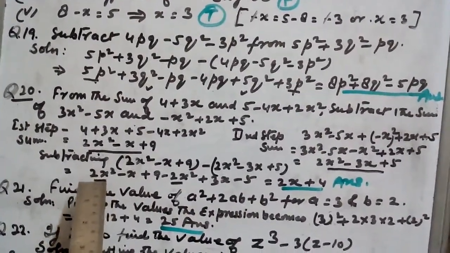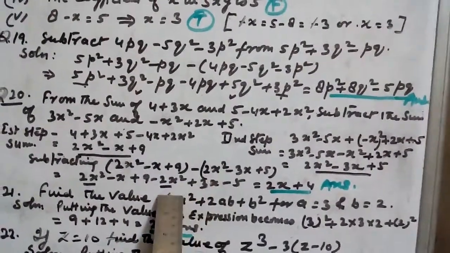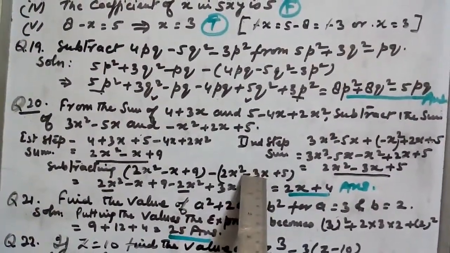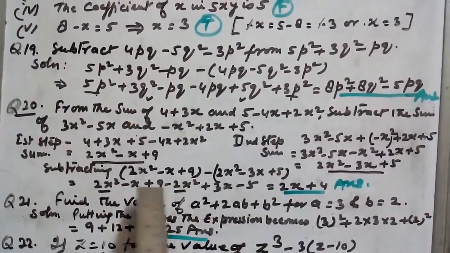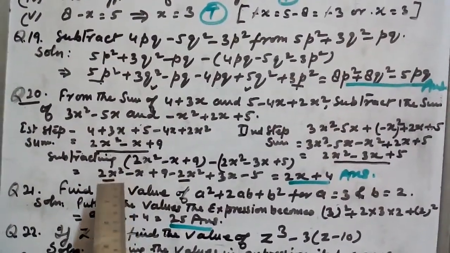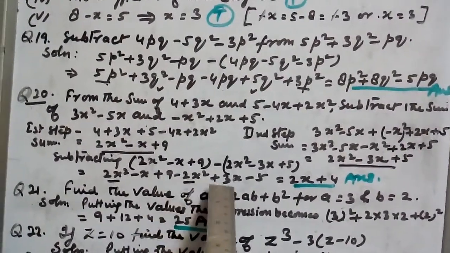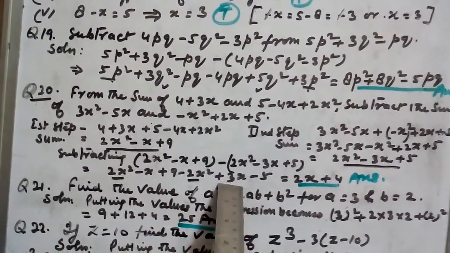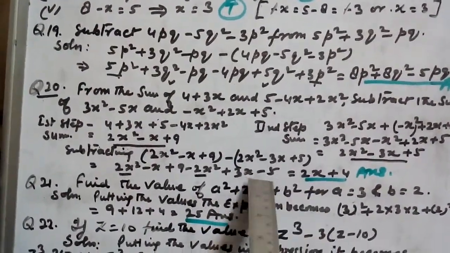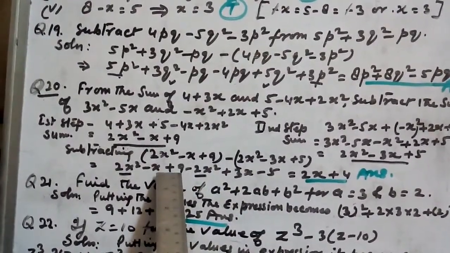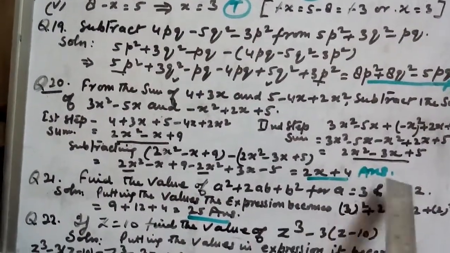Now after opening the bracket, we get 2x square minus x plus 9 minus 2x square plus 3x minus 5. After adding like terms, 2x square gets cancelled with minus 2x square, and now only the x term and constants remain. The x term is 3x and here is minus 1x, so it becomes 2x, and adding the constants, it is plus 9 here and minus 5 here, which is 4. So children, 2x plus 4 is the answer.